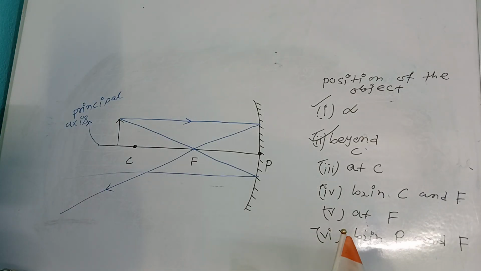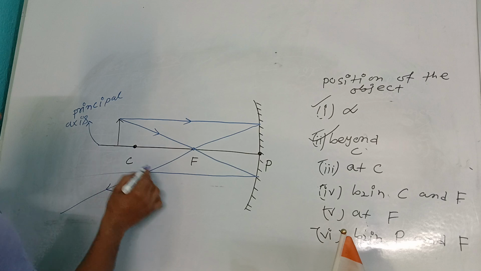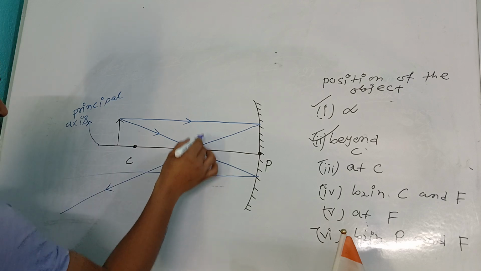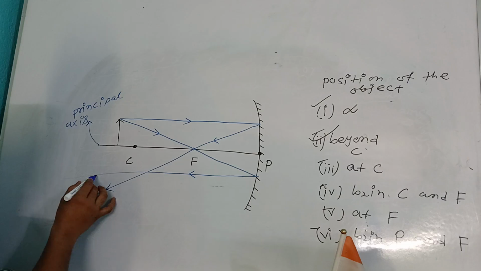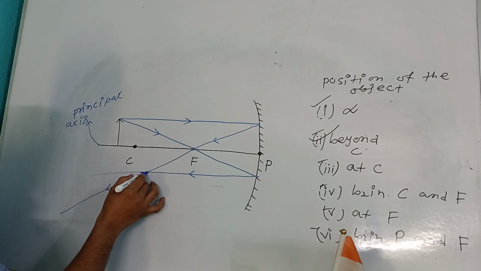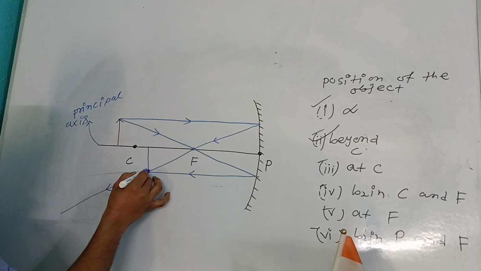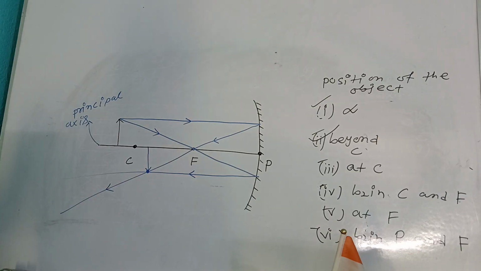So it is incident, it is reflected. See, the reflected rays are meeting at this point, which means this is the image point. Is it clear?